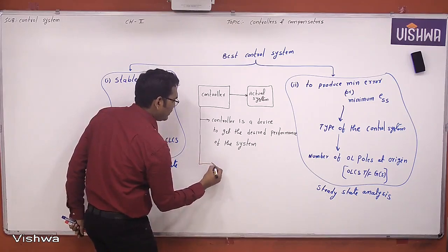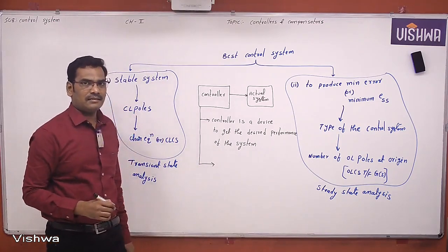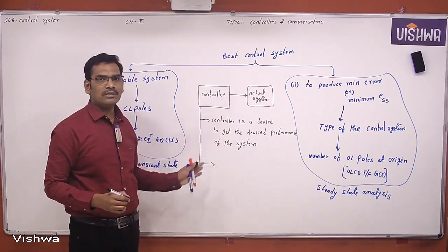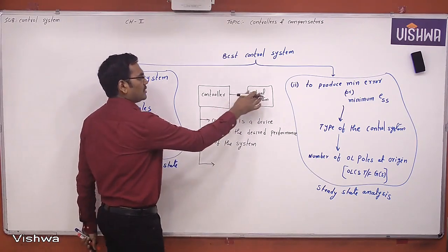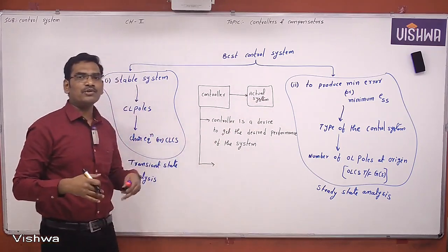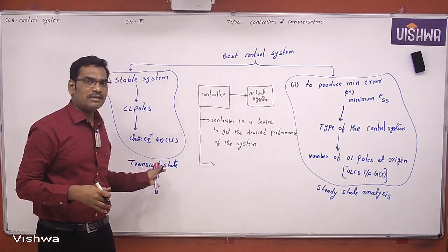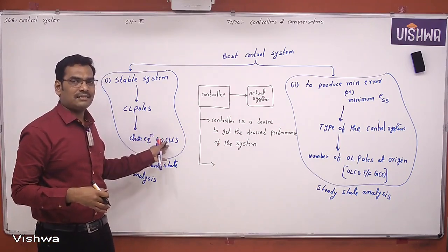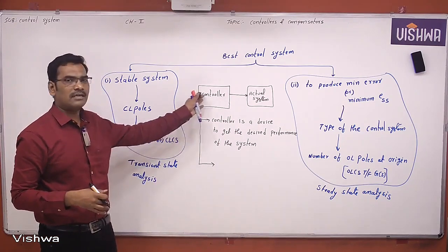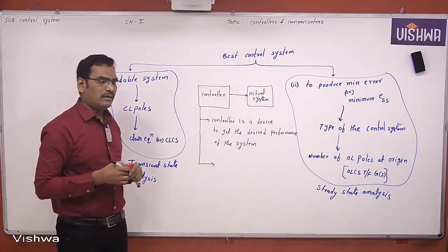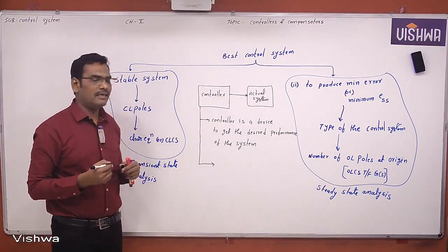In order to get the desired characteristics, we use this controller with the actual system. The actual system should produce the minimum error or good stability, right? Or less error or very good stability. So you require this controller with the actual system and you can get the desired characteristics or desired performance.